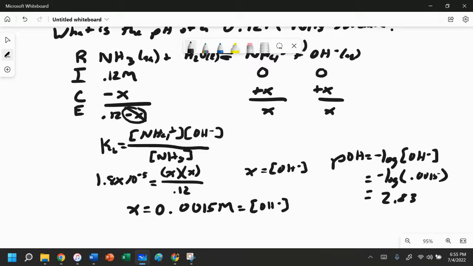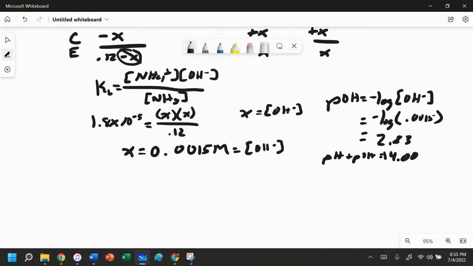So now that we know the pOH, we can calculate the pH. So remember that pH plus pOH is equal to 14.00. And again, that's only true at 25 degrees Celsius. Since I didn't mention temperatures anywhere, we're going to assume this is at 25 degrees Celsius and solve the problem with 14.